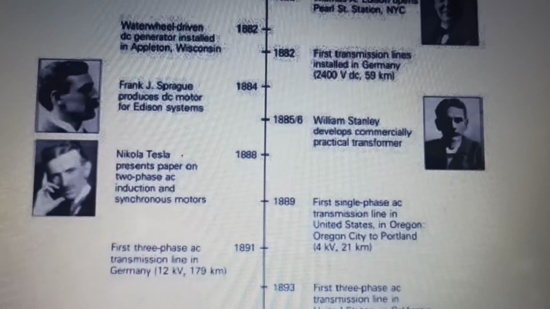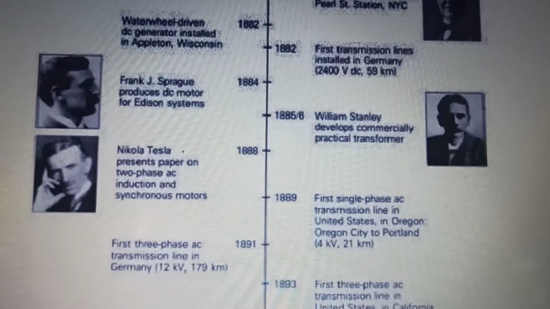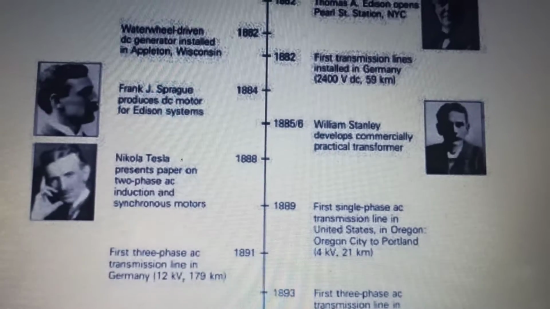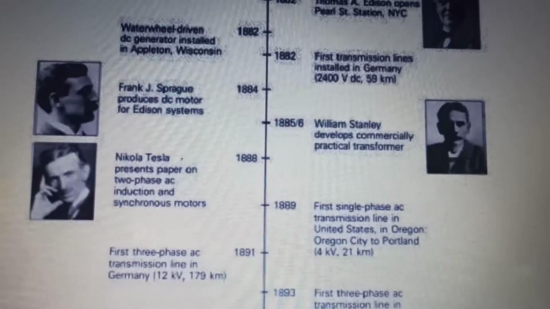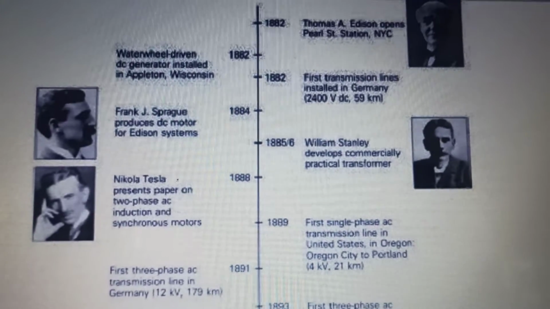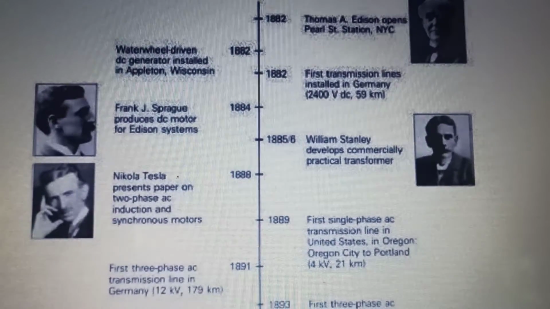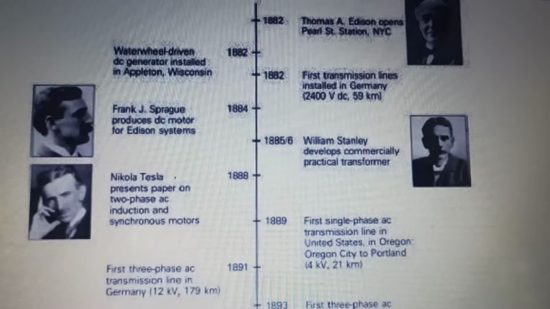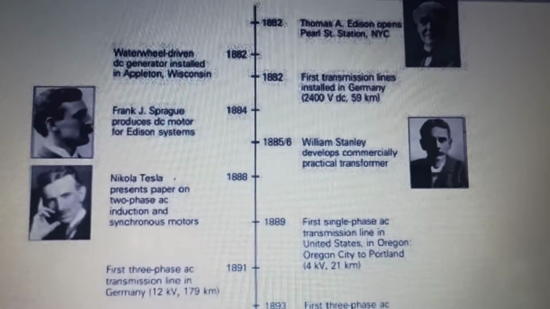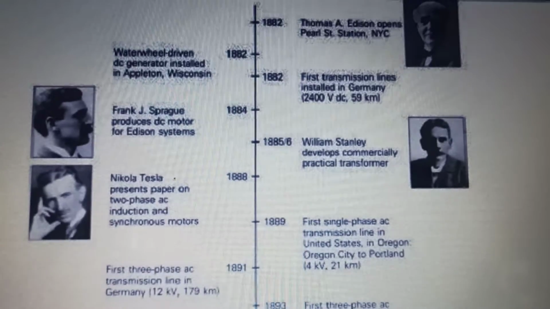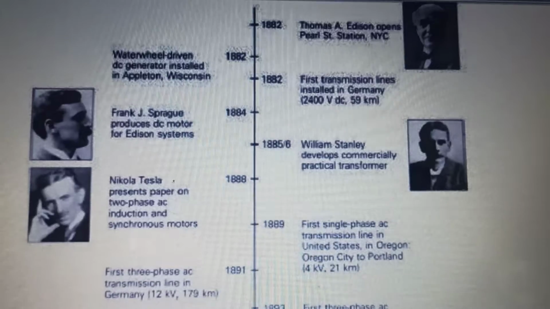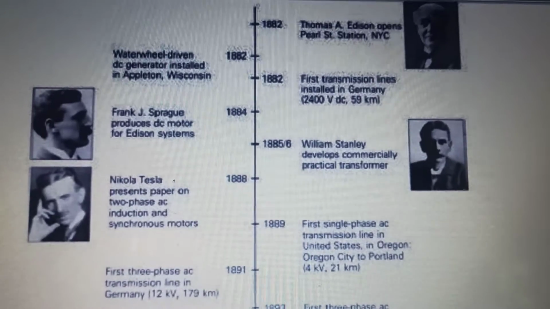Now, after that, the first transmission line, you can see how the scientists work. They work in tandem. They work in togetherness. The first transmission lines were installed in Germany, which were working at 2.4 kV DC.